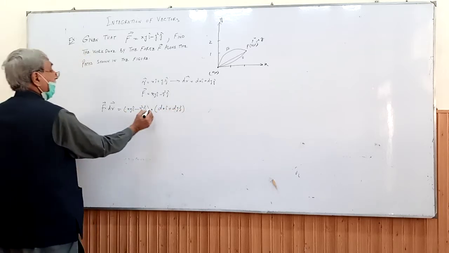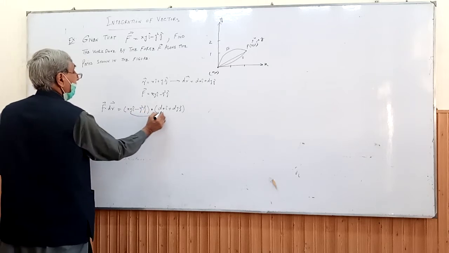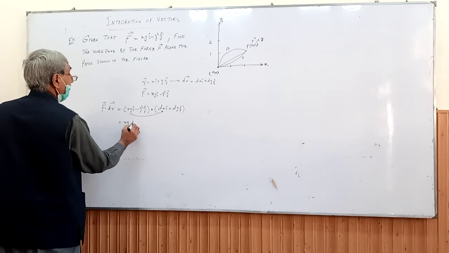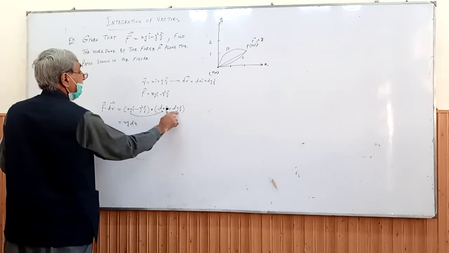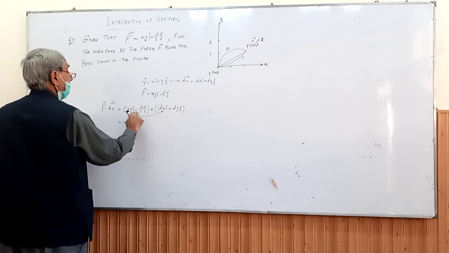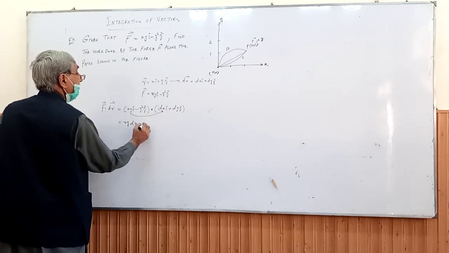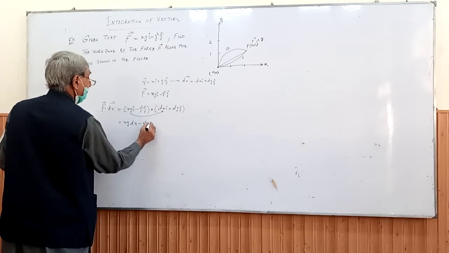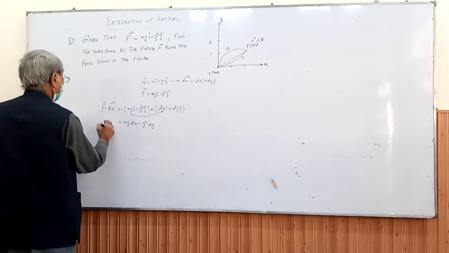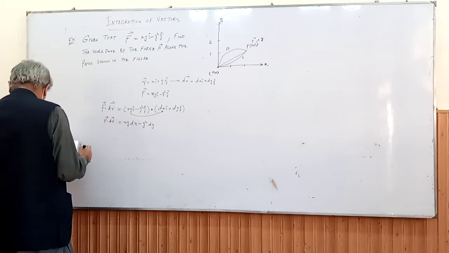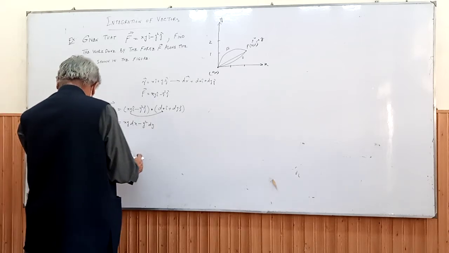Multiply them according to the dot rule. i dot i is 1, so xy into dx. i dot j is 0. j dot i is 0, minus y square, j dot j is 1, dy. That is your F dot dr. That is the work done.